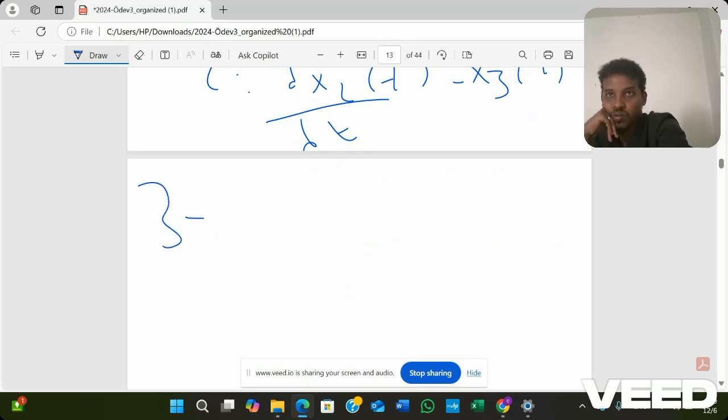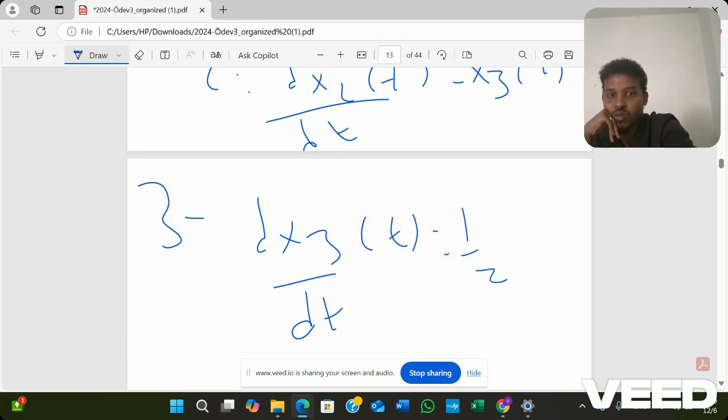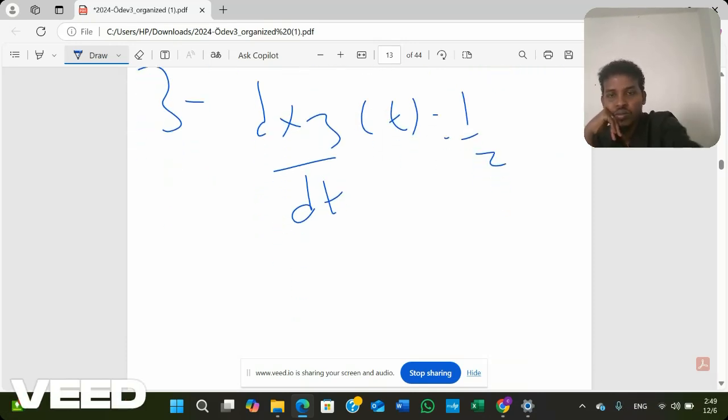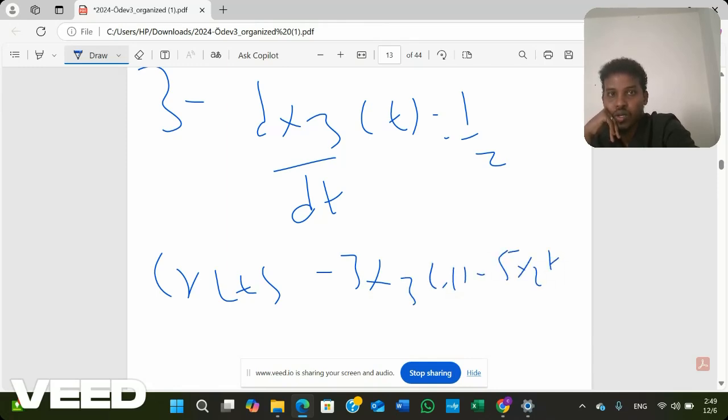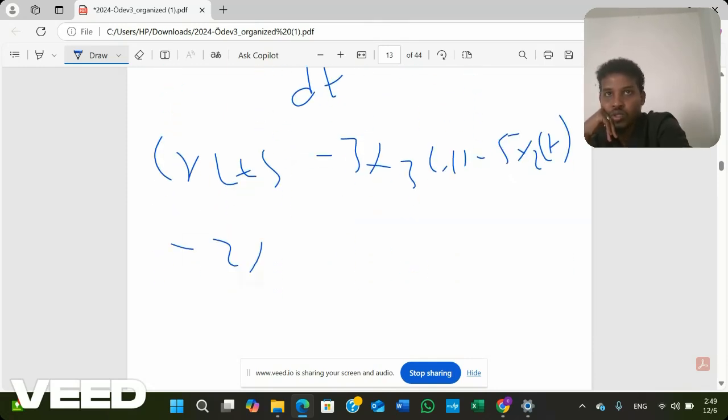Number 3: dx3 over dt is equal to 1 over 2 r(t) minus 3x3(t) minus 5x2(t) minus 2x1(t).